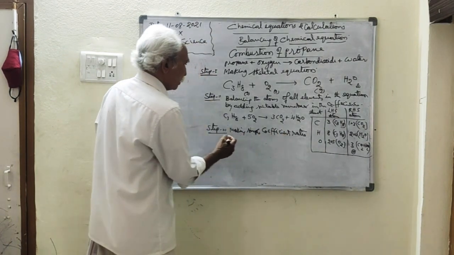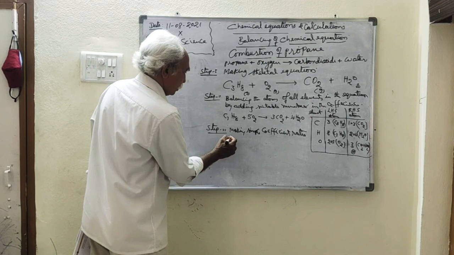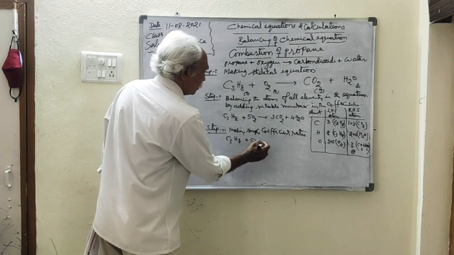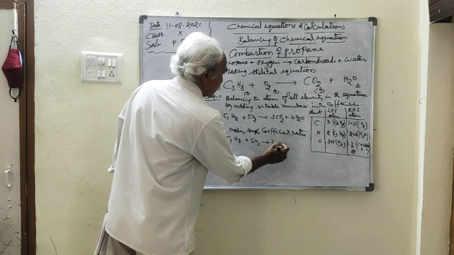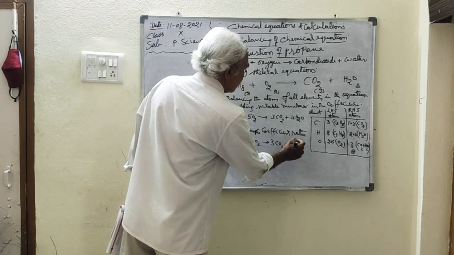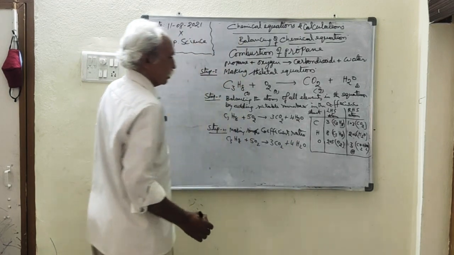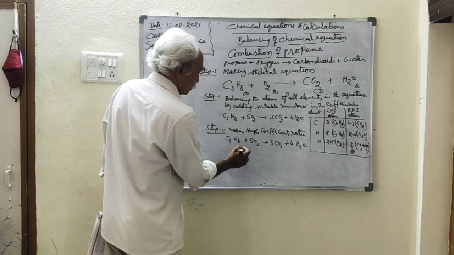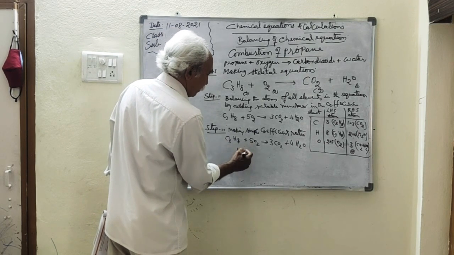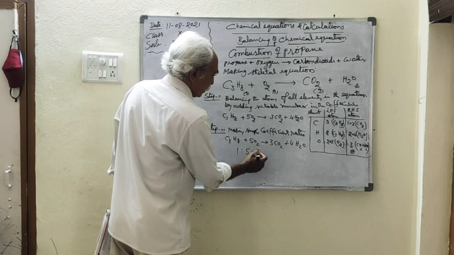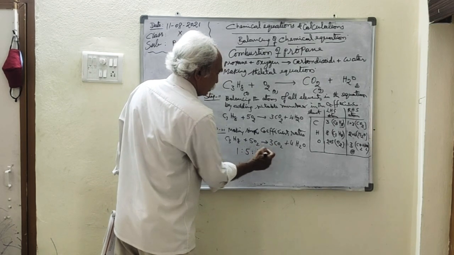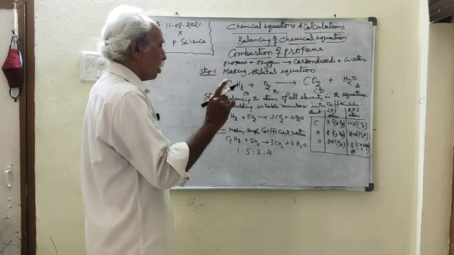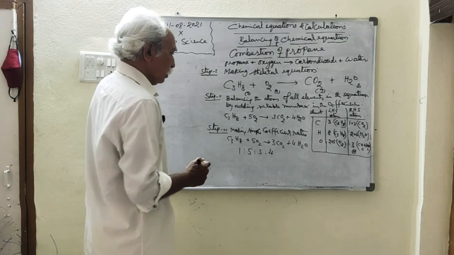The simple coefficient ratio of this equation is C3H8 plus 5O2 gives rise to 3CO2 plus 4H2O. So in this case, 1, no number means 1, 5, 3, 4. So all these numbers are not divided by a single common number. We cannot divide it.